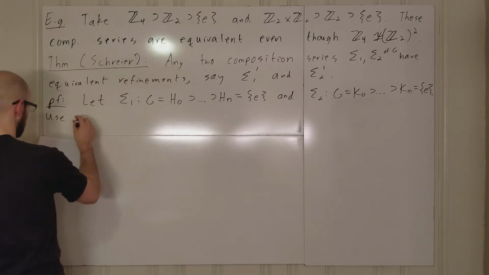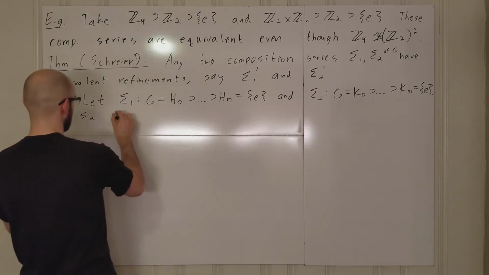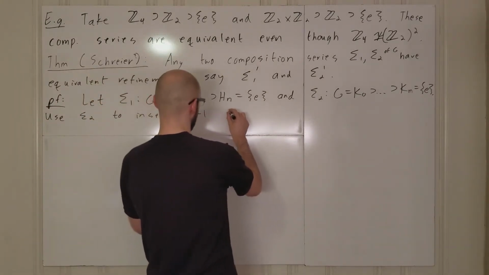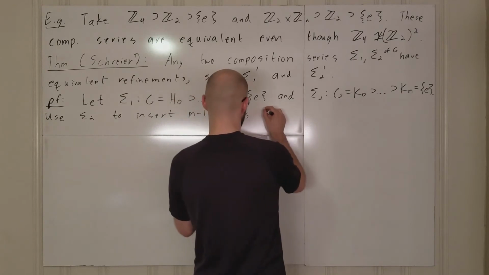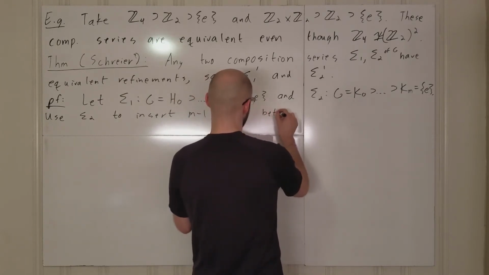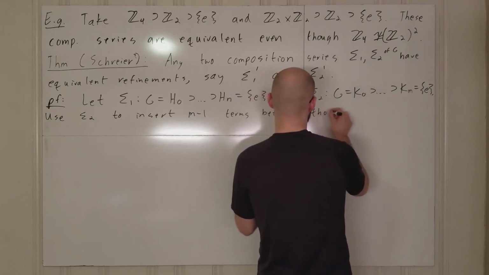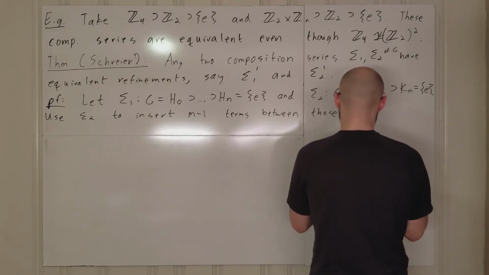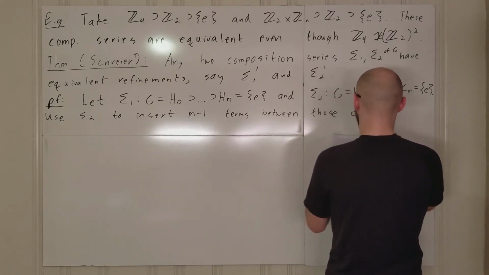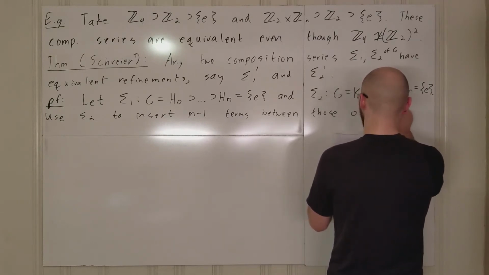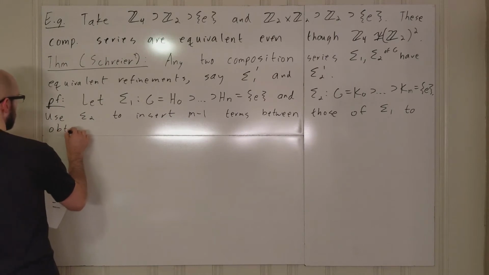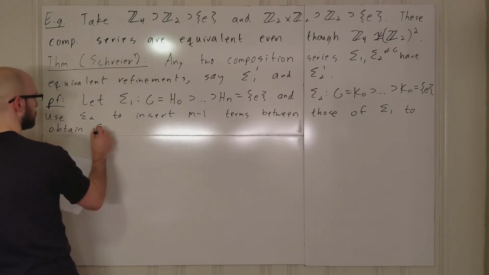Use sigma 2 to insert m minus 1 terms between those of E2, E1 to obtain sigma 2 prime.